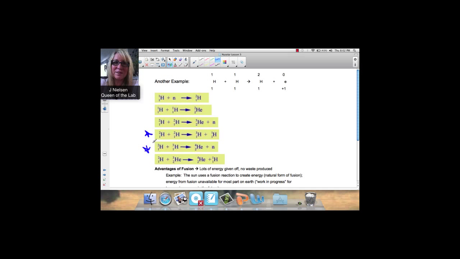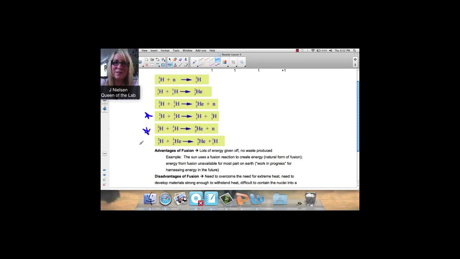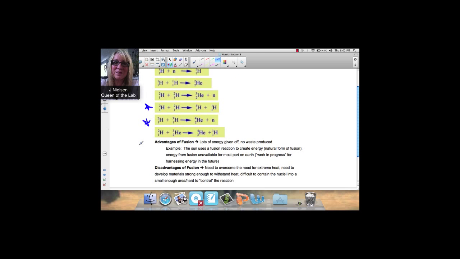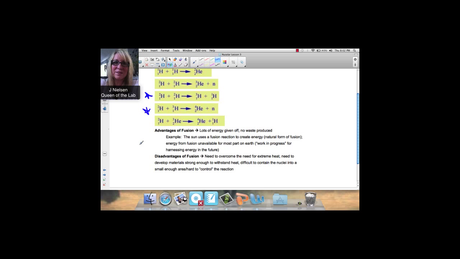Now, what are some advantages of fusion? Well, first of all, you have lots of energy given off. There's no waste produced. And this happens naturally on the sun. However, it's not impossible, but it would be very costly for this reaction to take place on Earth. We need to overcome the need for extreme heat, because you need extreme heat in fusion, and we need to develop material strong enough to withstand the heat.